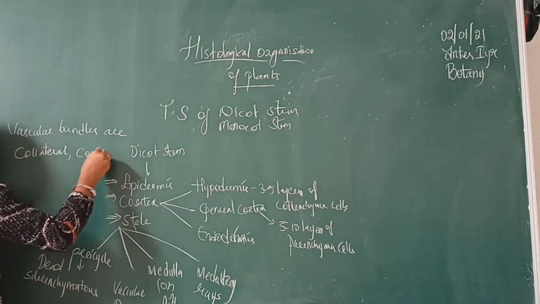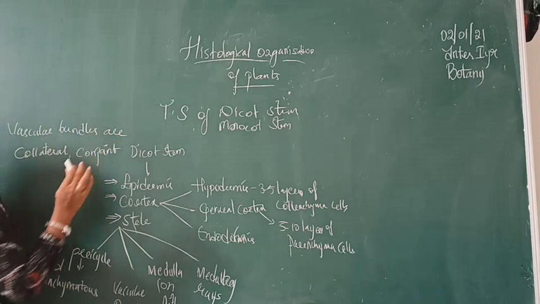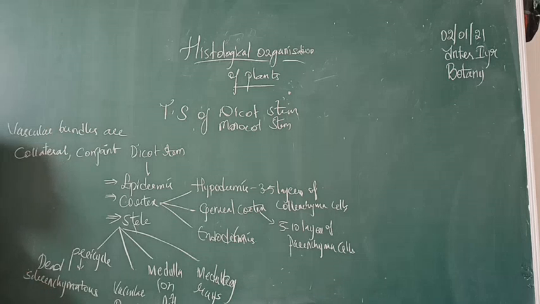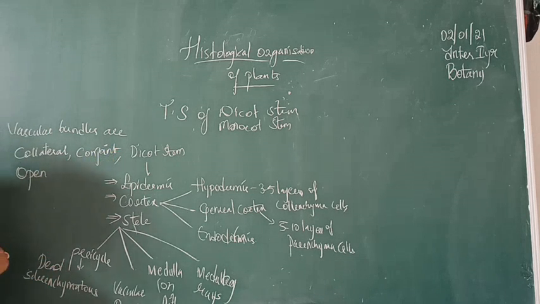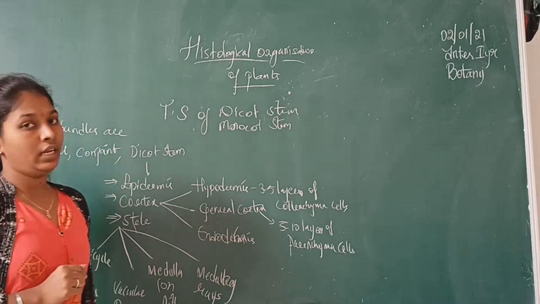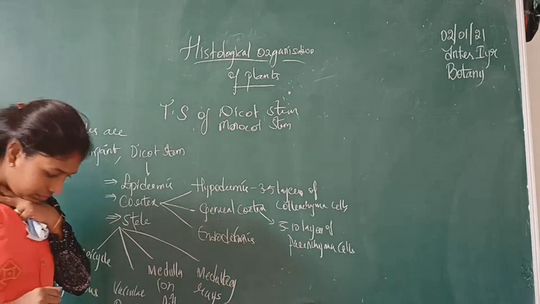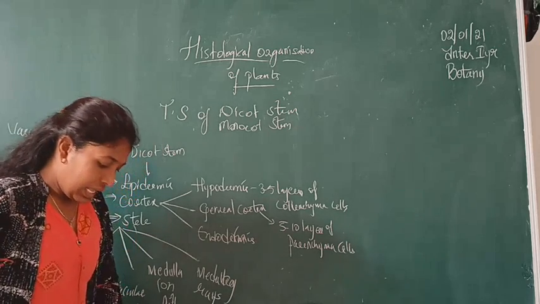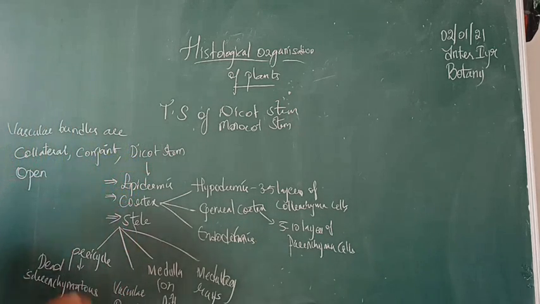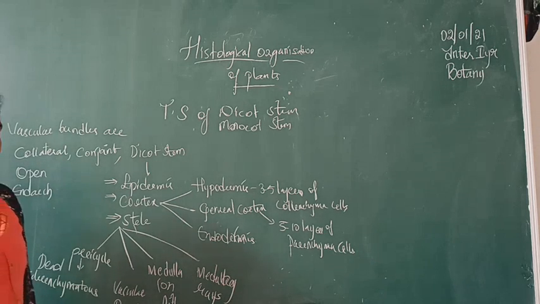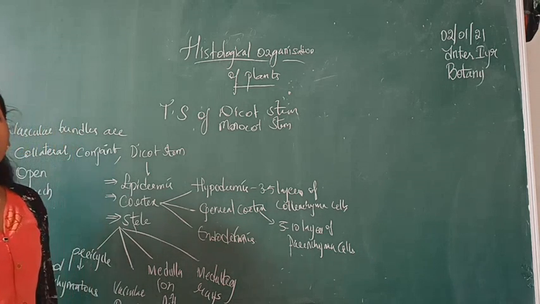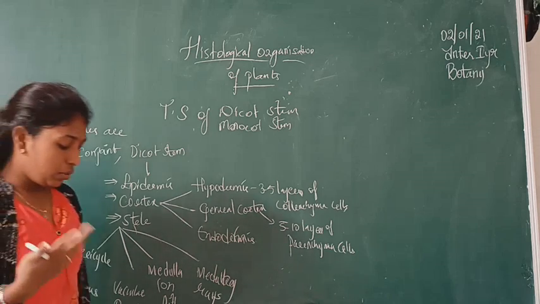Conjoint is nothing but joined together: xylem and phloem are joined together. Open means cambium is present. And they are endarch. Endarch means protoxylem faces the inner side and metaxylem faces the outer side.